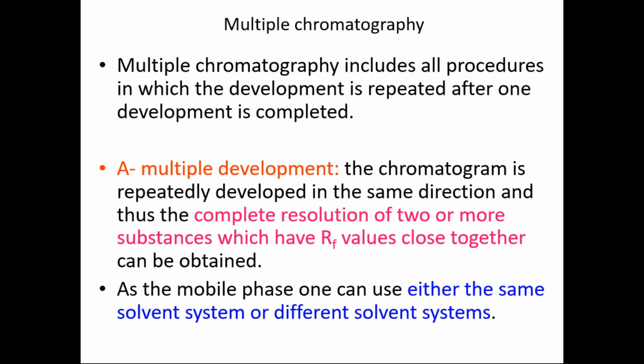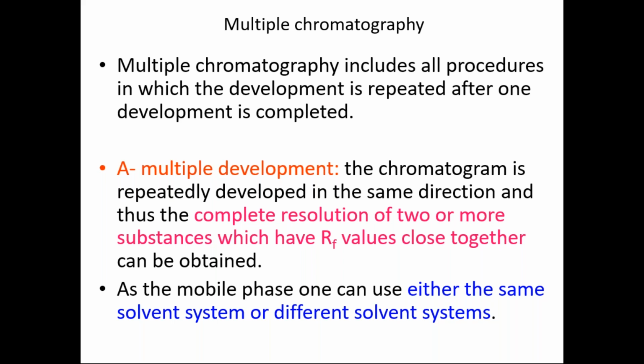Then you have multiple chromatography, which is similar to two-dimensional chromatography, where you can develop it in 2 to 3 different solvents. So you can develop it in the first solvent, some separation will take place. You can dry the paper and develop it in a second solvent or mobile phase, again dry the paper and separate it in a third or fourth mobile phase.